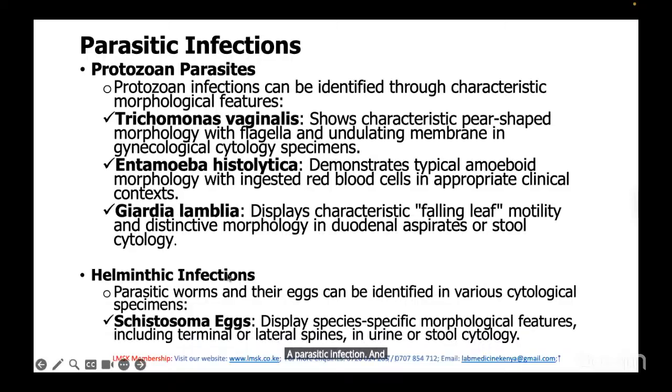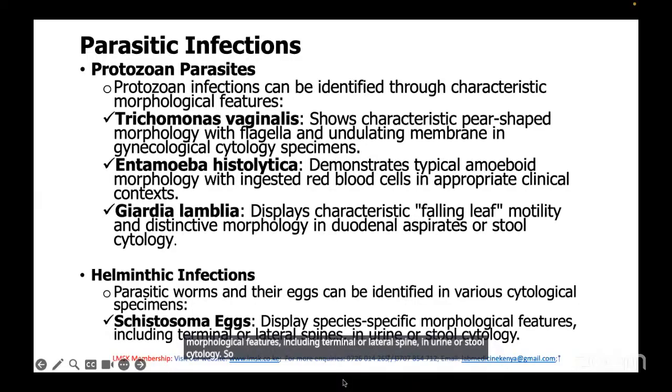And we have helminthic infections, that is, parasitic worms and their eggs can be identified in various cytological specimens. For example, here are schistosome eggs or ova of Schistosoma haematobium and the likes. They display species-specific morphological features, including terminal or lateral spine in urine or stool cytology.